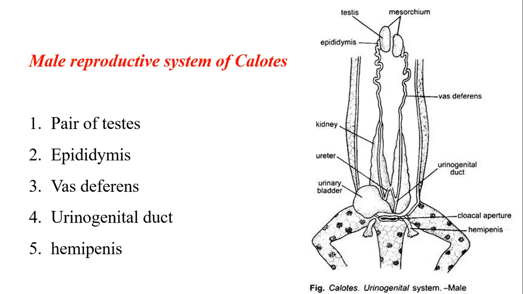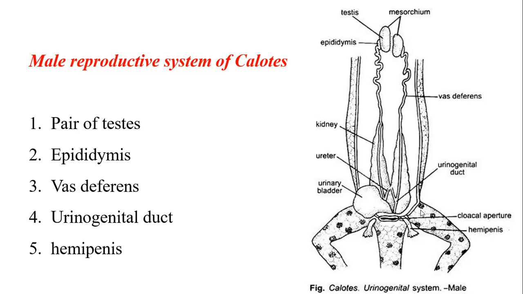Then the third part, the vas deferens, is a long narrow tube continued from the epididymis, and it continues up to the kidney where it joins with the ureter, as we explained earlier, to form the urinogenital duct.